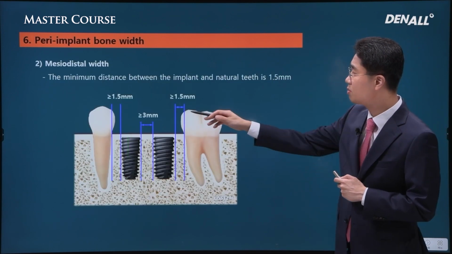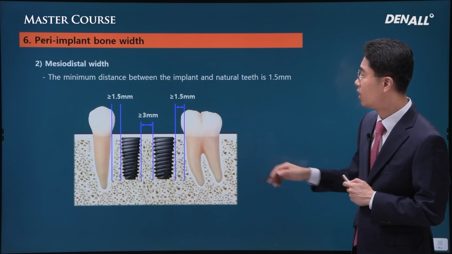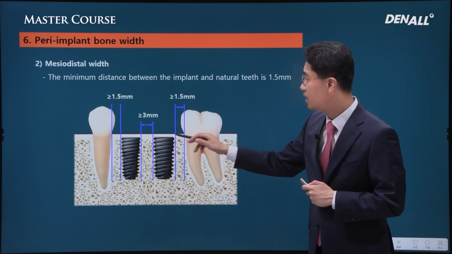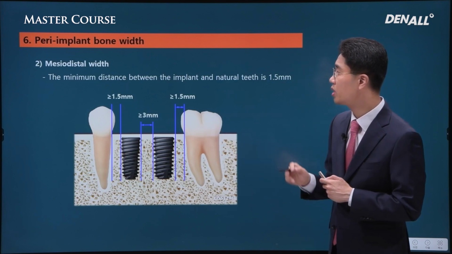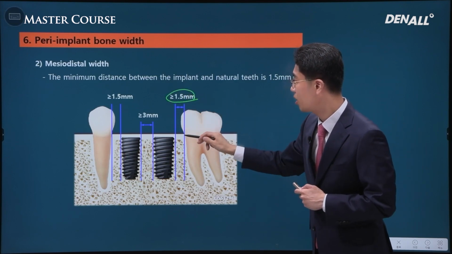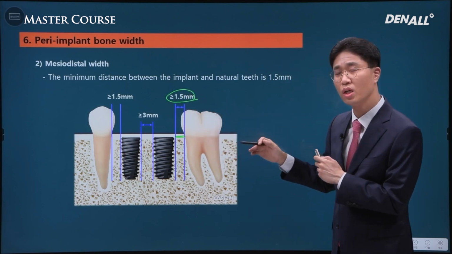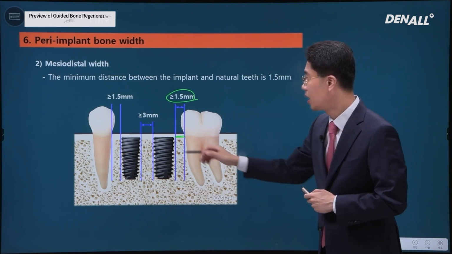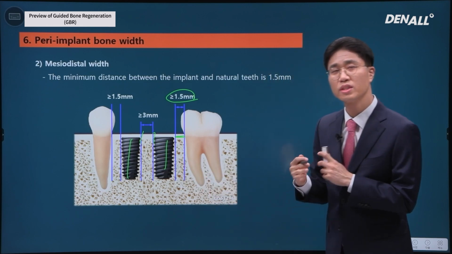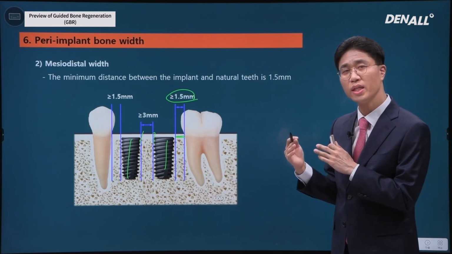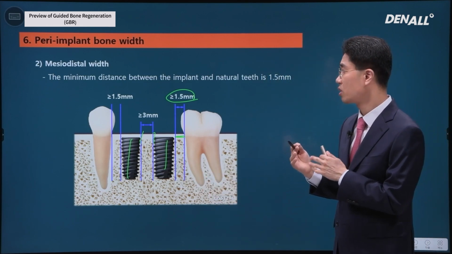Mesiodistally, the bone around the implant should be 1.5 millimeter at least between natural tooth and implant in order to avoid bone resorption. The inter-implant distance should be at least 3 millimeters in order for the bone to be maintained.